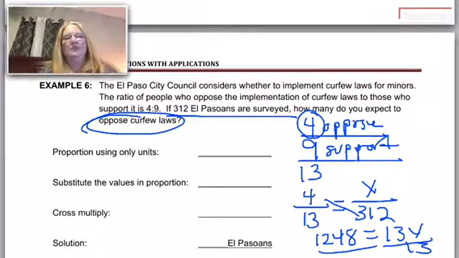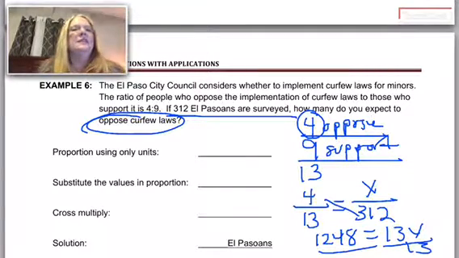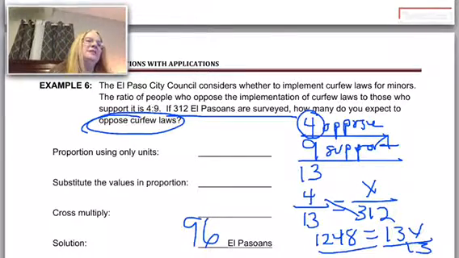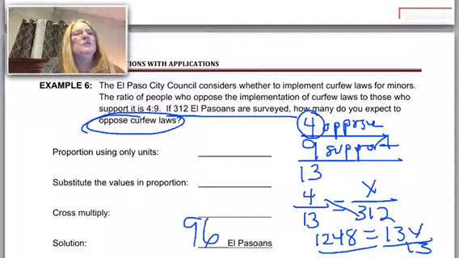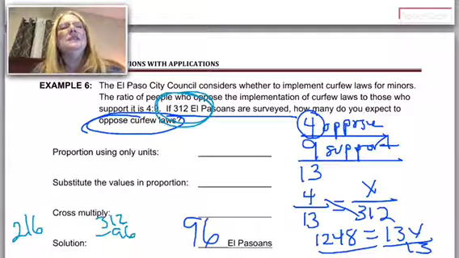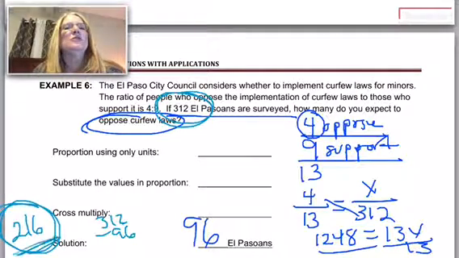And then we just divide by 13. And you get 96. Okay, now a good way to check your answer here, if this is a little bit different. So if 96 oppose, how many would support? Well, a couple different ways to do this, but one, if there were a total of 312 that were surveyed, if we just took 312 and subtracted 96, we would get 216. So why don't we set up another proportion and check our answer and make sure we get 216?